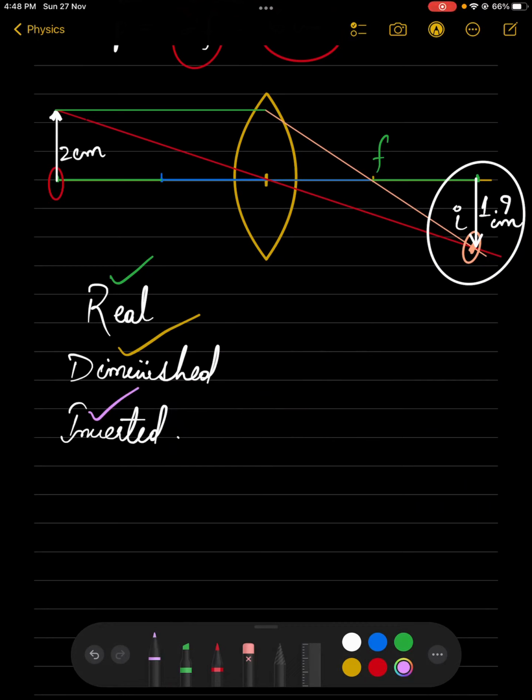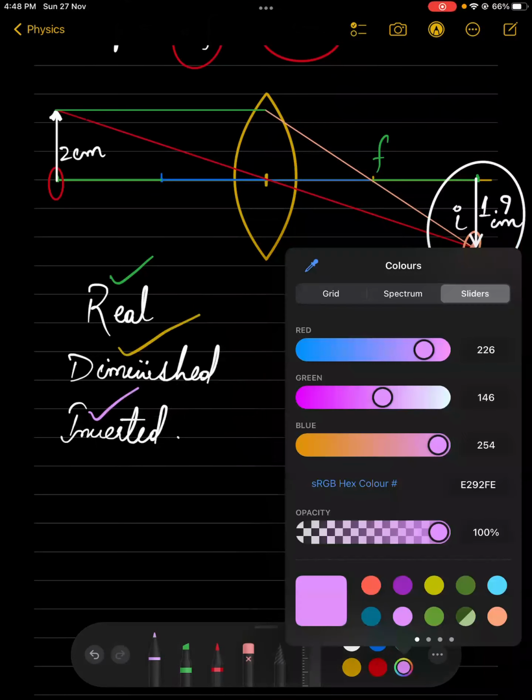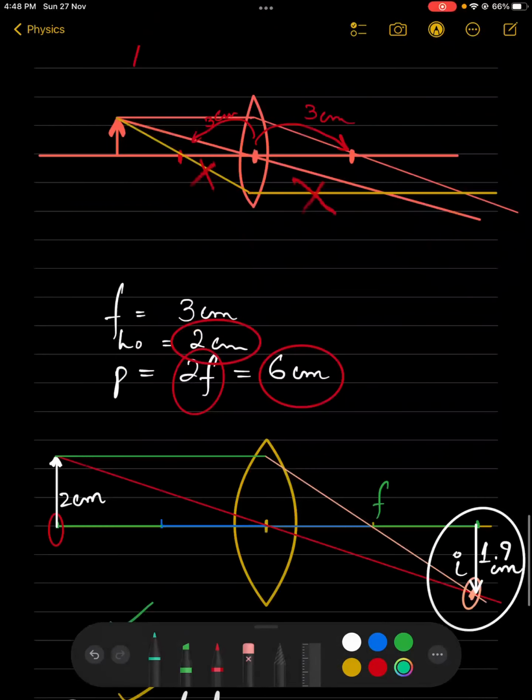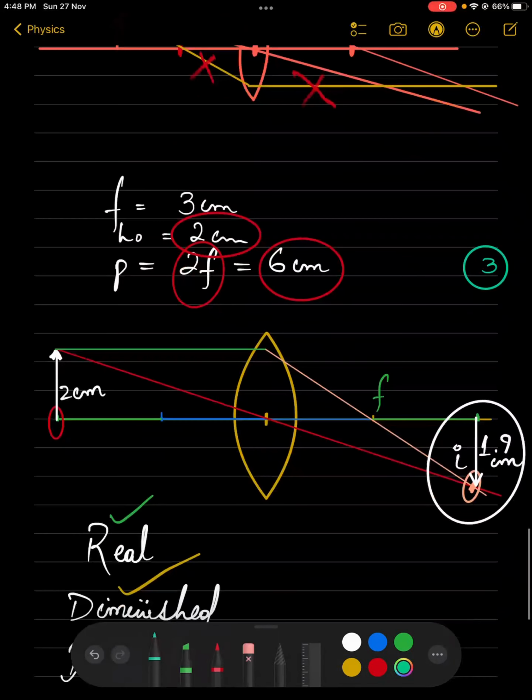So this is how you could create the image as well as get out the properties of it. You can just get the properties as well as create it, and that shall not take more than 2 minutes for you guys. आपको 2 मिनट से ज्यादा नहीं लगने चाहिए. Usually इस type के questions 3 marks के आते हैं. So they want you to create the image as well as mention the properties.